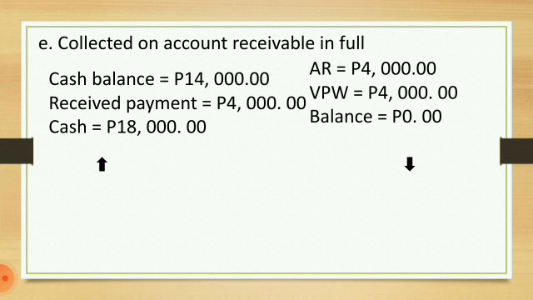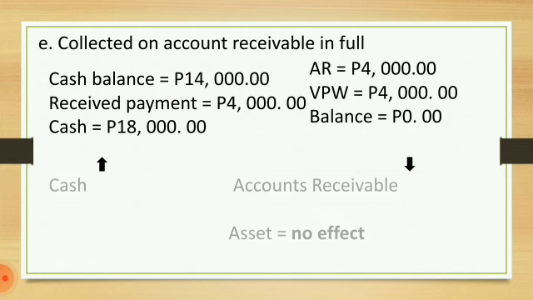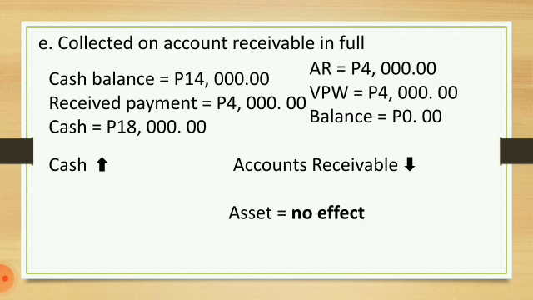From the original balance of accounts receivable, which is 4,000, you have already given that out, so the balance is 0. So your cash increased and your accounts receivable decreased. Take note that cash and accounts receivable belong to the same major account, which is asset. So positive and negative results in no effect.